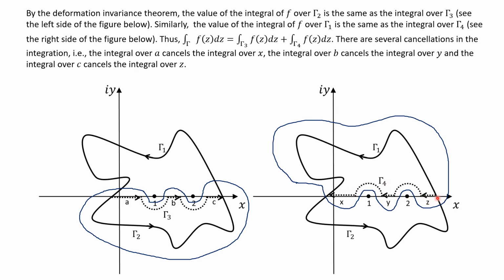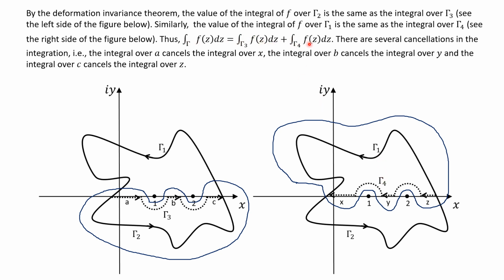Gamma sub 4 is just a straight line, a semicircle, straight line, semicircle, straight line. And so we're going to say that the integral over gamma sub 1 of f of z and the integral over gamma sub 4 of f of z are the same by the previous theorem, because of the function being analytic within our blue domain here. And so we will replace gamma sub 1 with gamma sub 4.